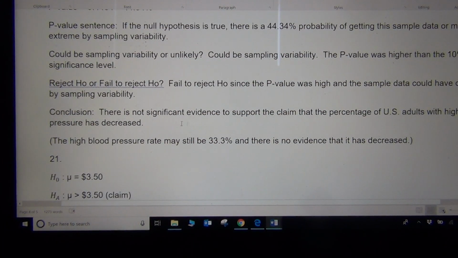So we do not have evidence to support the claim that the percentage of U.S. adults with high blood pressure has decreased. In other words, the high blood pressure rate may still be 33.3%, and there's no evidence that it has decreased. Even though our sample data was slightly lower than 0.333, it was not very much lower, and it probably is just the result of a little bit of sampling variability.